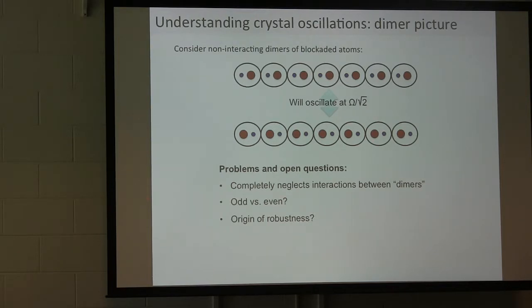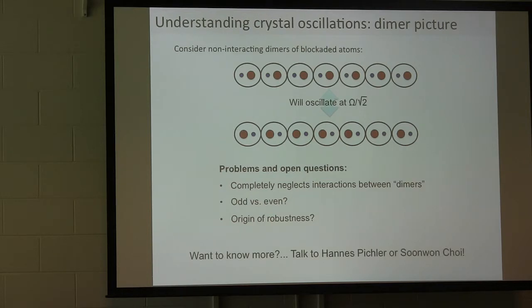This picture completely neglects that these dimers are interacting, and of course they are. It also neglects the subtleties between the odd and even cluster size, like what I should do in the odd case of the last atom to the right. So one open question that we still have is why this phenomenon is so robust, and particularly so independent of the system.